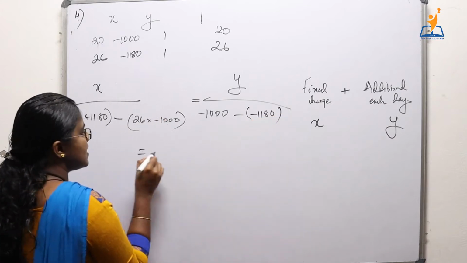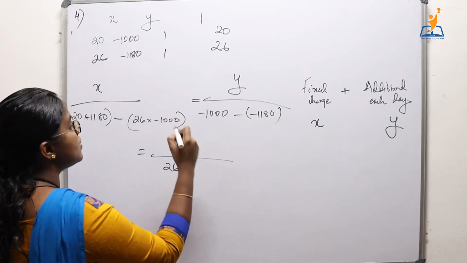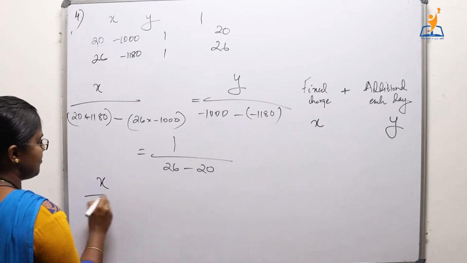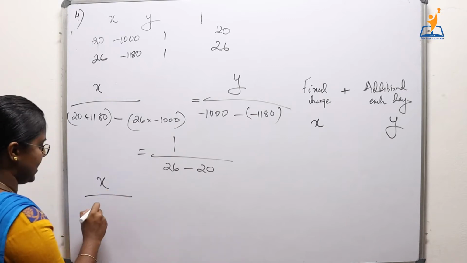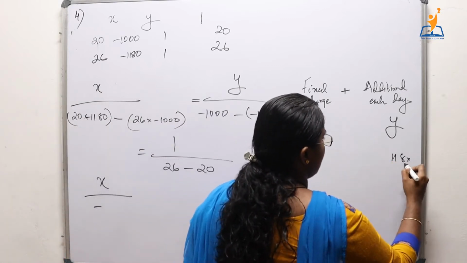Which is equal to 1 by 1 into 26 is 26, 1 into 20 is 20, so 26 minus 20. So simplifying, X by 20 into minus 1180, so answer will be negative and we can solve that.